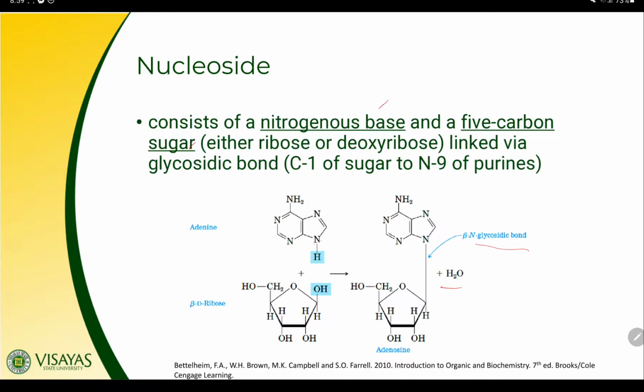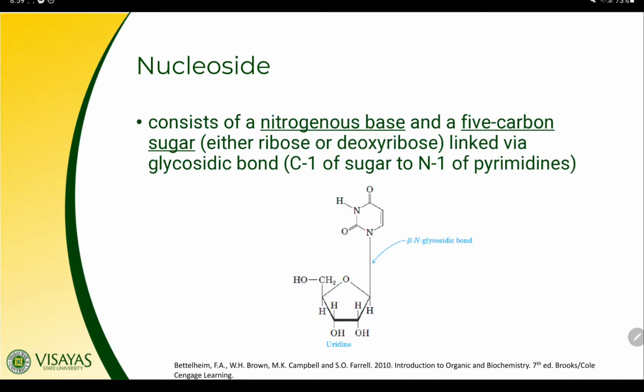Now, if we have a purine base, like adenine, the nucleoside formed will have osine as the suffix for the purines. If it's adenine, we have adenosine. And if we have guanine, the nucleoside formed is guanosine.